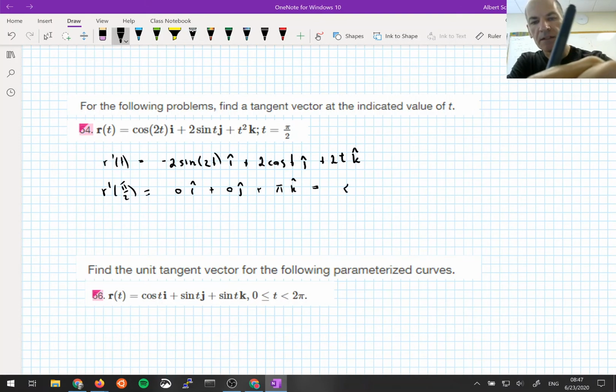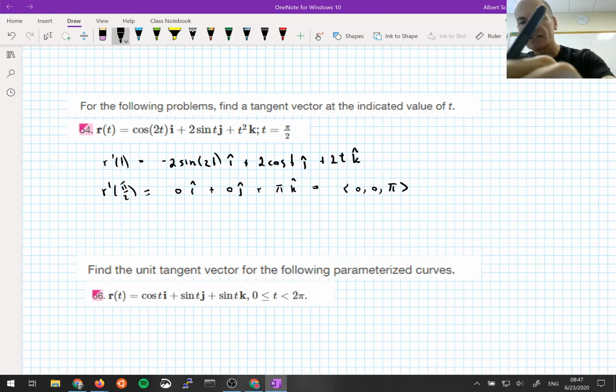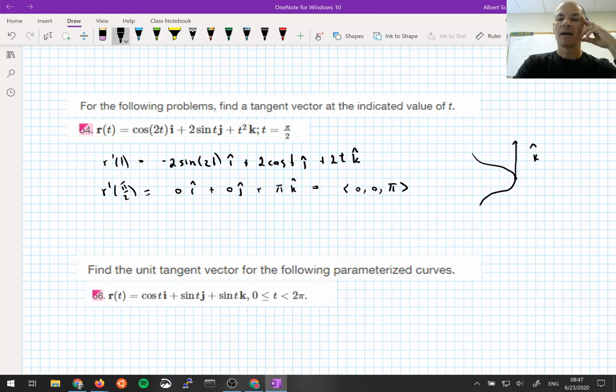So this vector in component form looks like this. And I don't know what the rest of the curve looks like, but we would expect it to look like this, kind of pointing in the k direction at this point. In fact, we can see that.